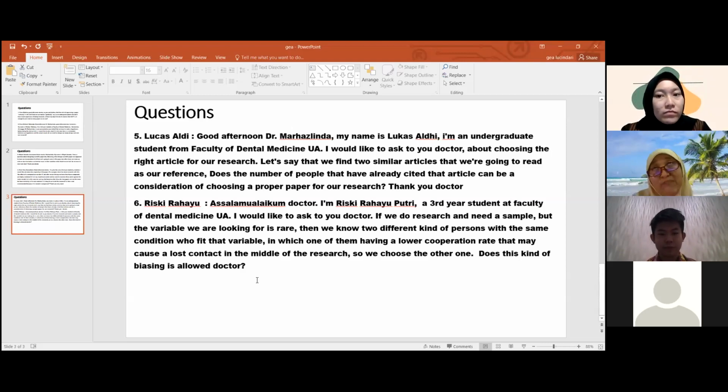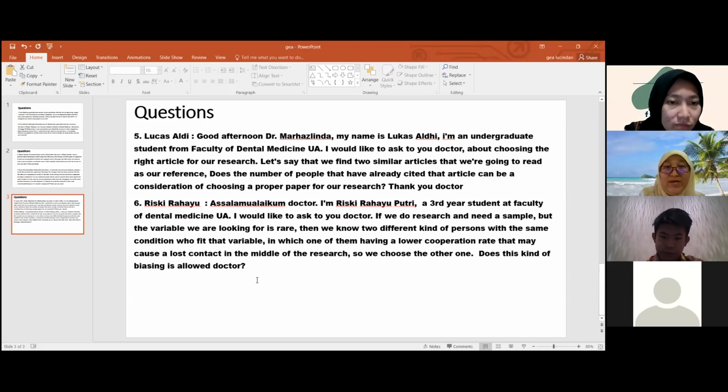You know why? Because some people cite papers that may be old. Of course, older papers are cited by more people compared to newer papers. Right? Similar article, maybe one came out about 3 years earlier, of course it is cited by more people. So it is not necessarily that the more cited one is a better article. Maybe the newer one has read the older one and has improved, but it was only recently published.